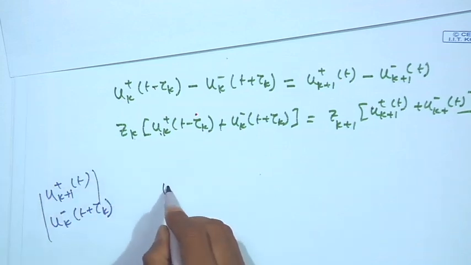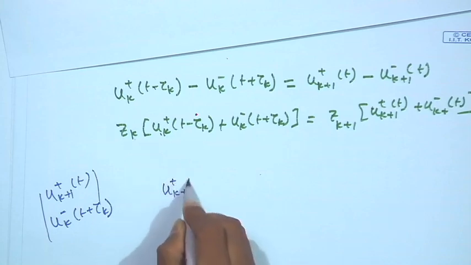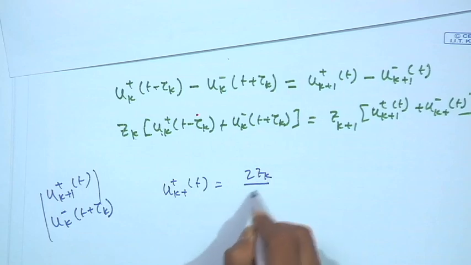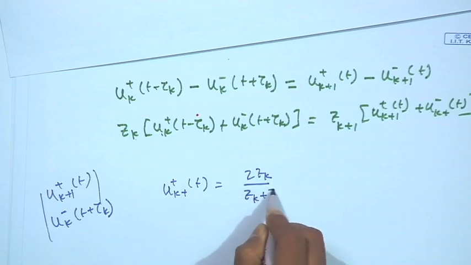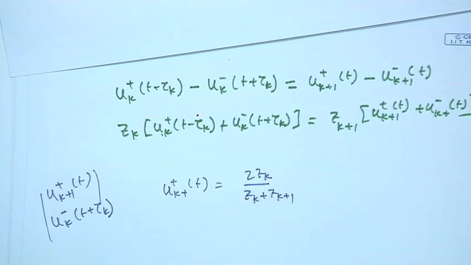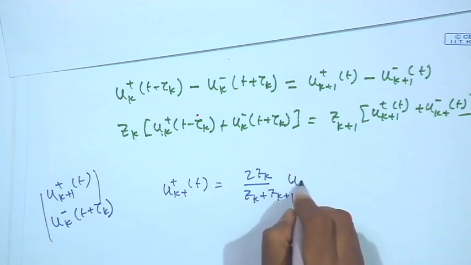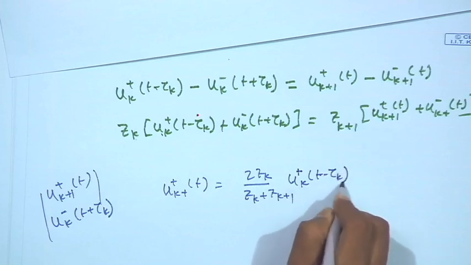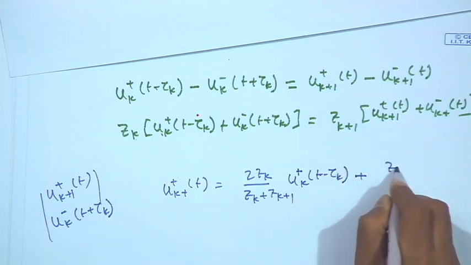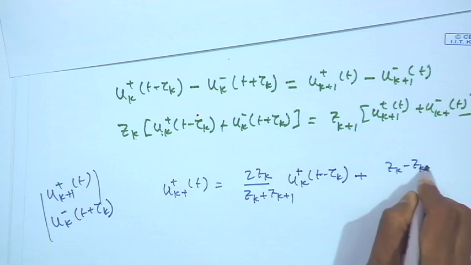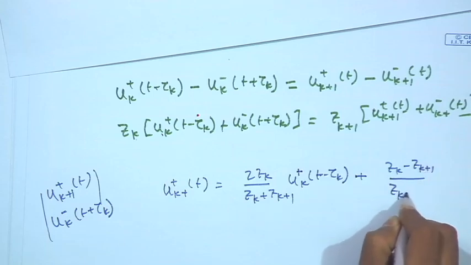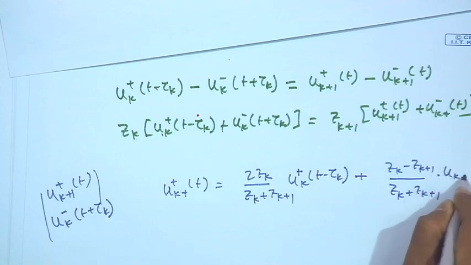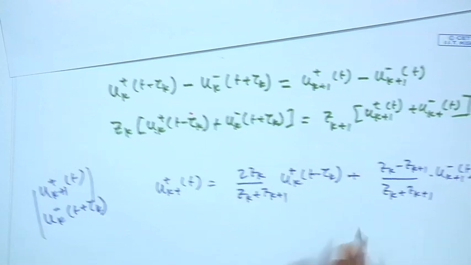So, the expression of u k plus 1 plus t will be 2 z k divided by z k plus z k plus 1 into u k plus t minus tau k, plus z k minus z k plus 1 divided by z k plus z k plus 1 into u k plus 1 minus t.